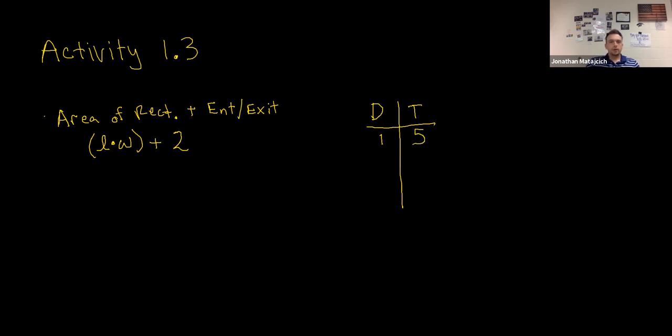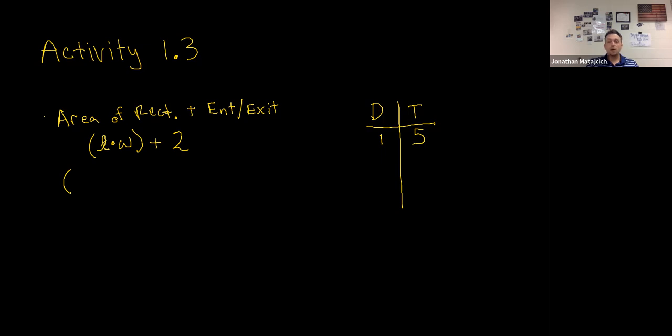So I'm going to rewrite this just a little bit to make it easier to simplify for us later on. So instead of using length and width, I'm going to use just D for design number. Is that related directly to the length? So hey, I'm just going to rewrite this. I'm going to say the length's the same thing as the design number.